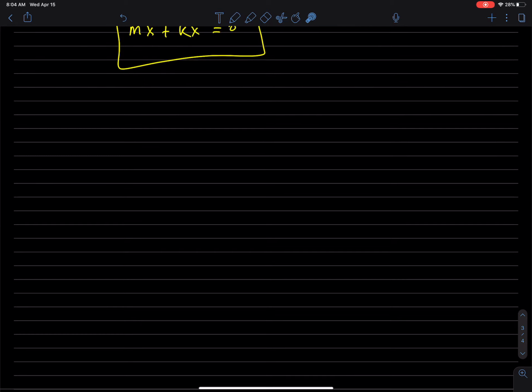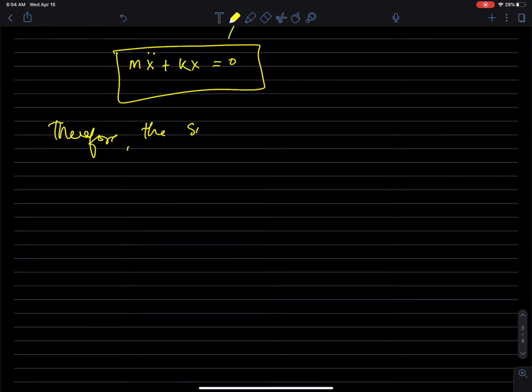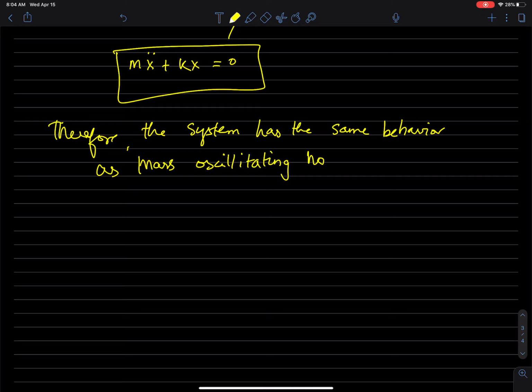Okay, so therefore the system has the same behavior as a mass oscillating horizontally, like the original standard problem, right?